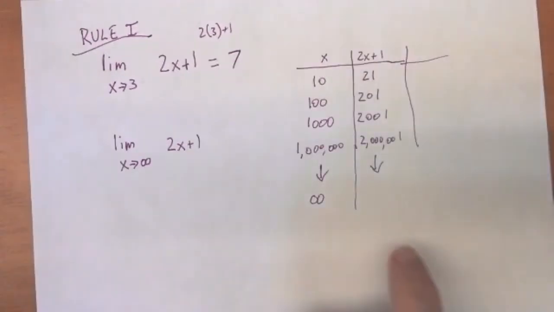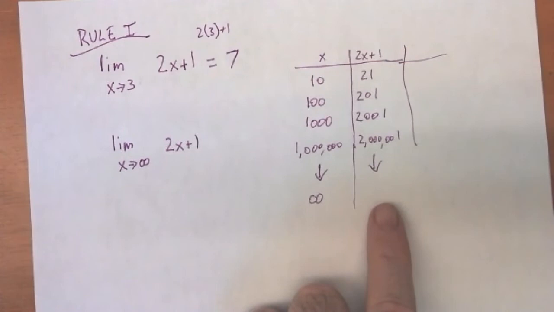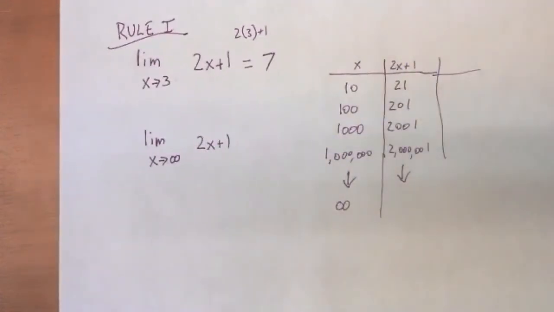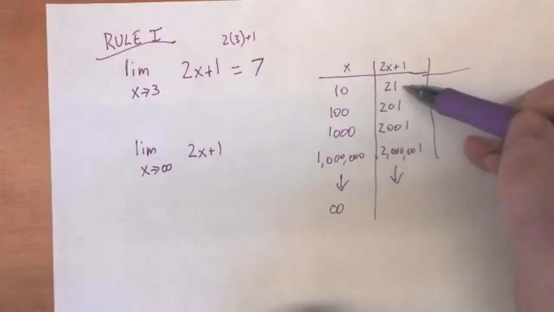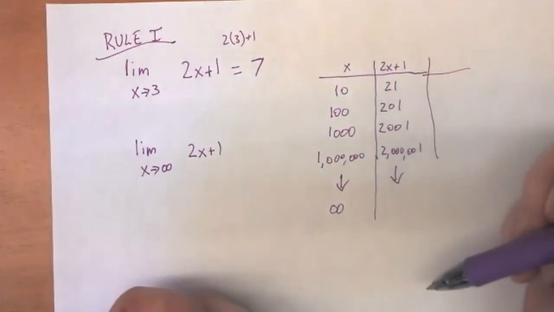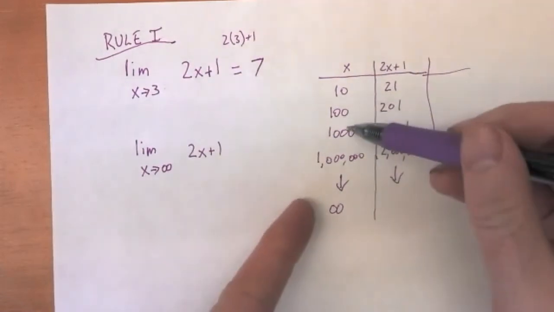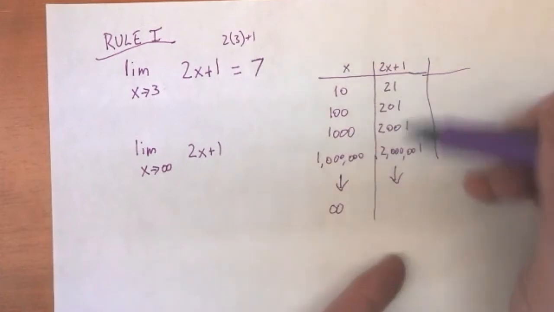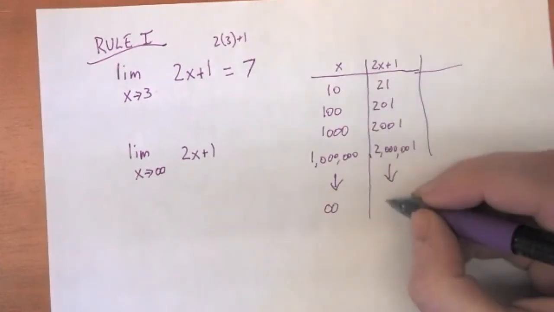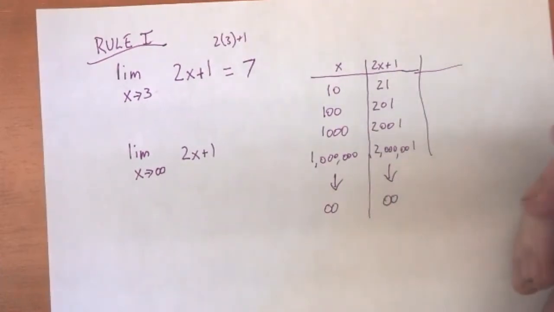Some people in class have been saying that this approaches infinity plus 1, and I suppose that's true, but thinking of it more simply, this is a sequence of numbers that is growing larger and larger, and it's not stopping. Just as the inputs sequence is not stopping, this one isn't going to stop increasing either. So this limit just approaches infinity.